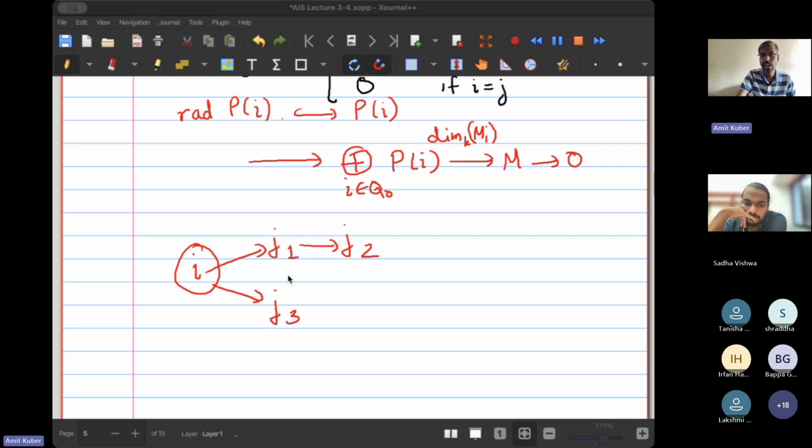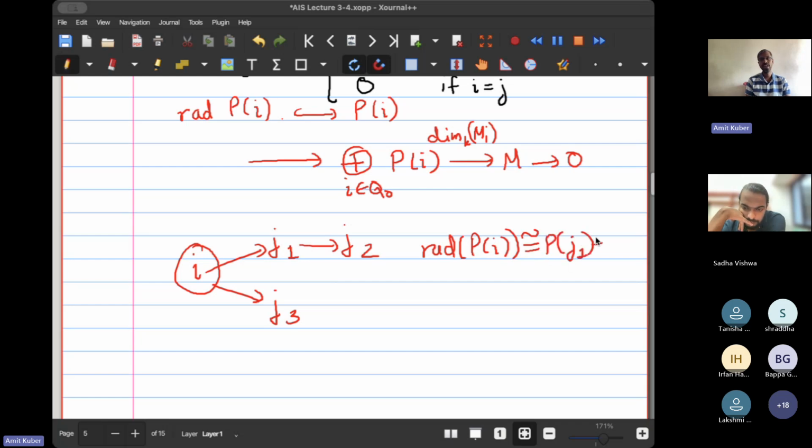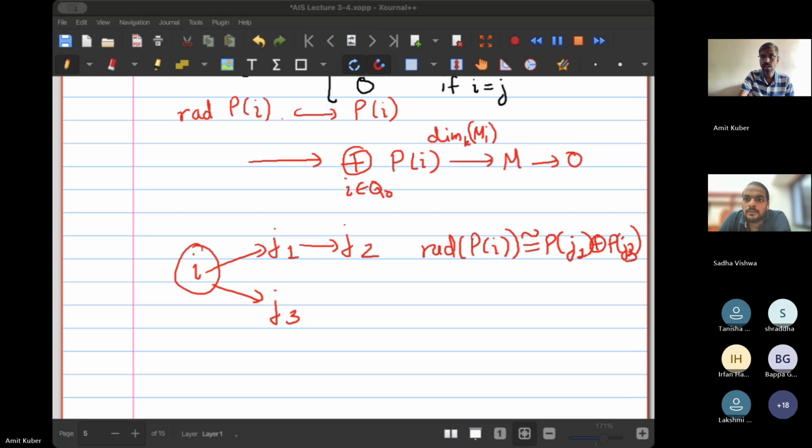I will get the remaining arrows. I will break all the arrows. I mean, I will reduce the length of all the arrows by 1 because I'm dropping I. So I will get, do you agree with me that the radical of Pi in this case would be P of J1 direct sum P of J2, J3, P of J1 and P of J3. Any questions? Okay.